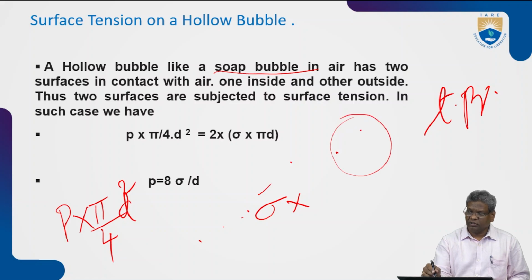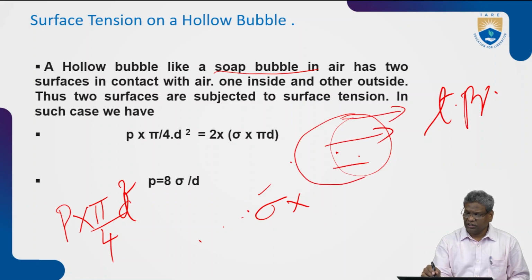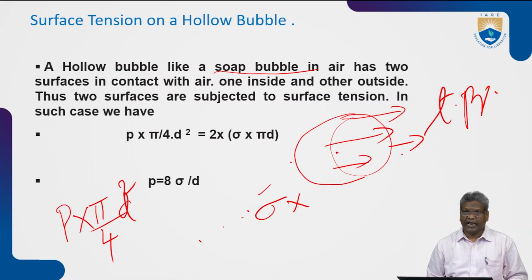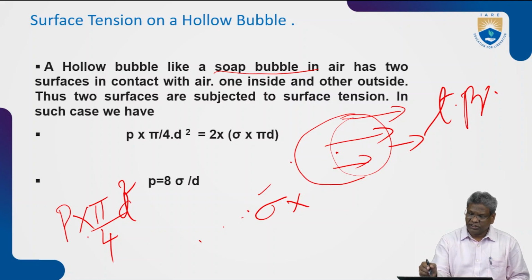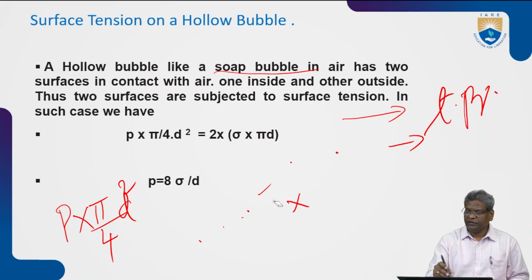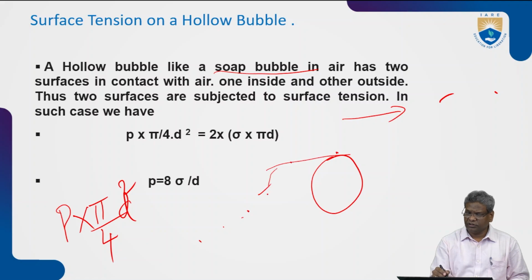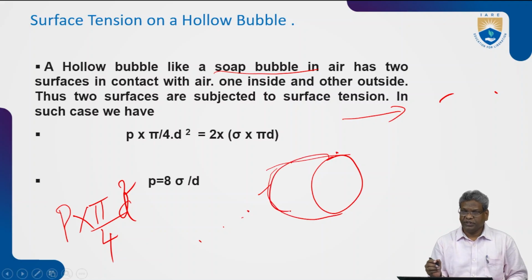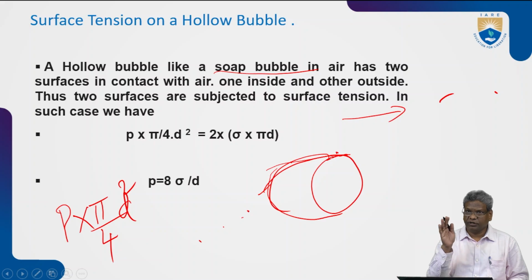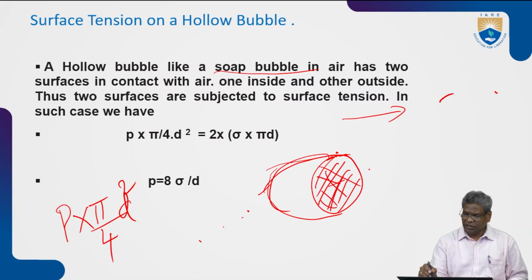We already saw in the case of liquid droplet that on the circumference only, this surface tension will act, whereas pressure acts on the surface area. Suppose it is a hollow bubble in the form of a sphere, if you cut it into two halves, this is the area on which the pressure P will act.